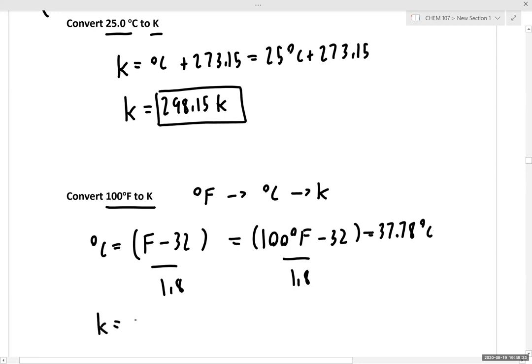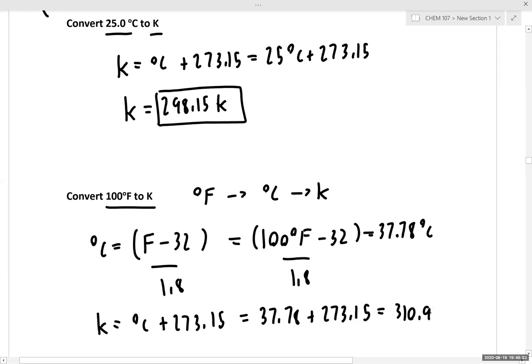We know that Kelvin are equal to degrees Celsius plus 273.15. That gives us 37.78 plus 273.15, which in turn gives us 310.93 Kelvin, which would be rounded, following the sig fig rules, to 311 Kelvin.